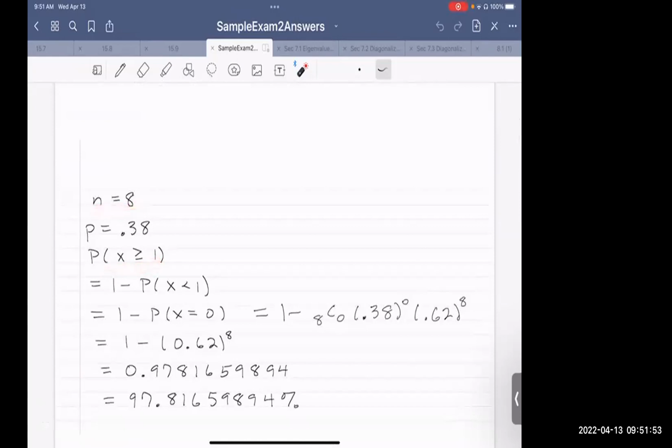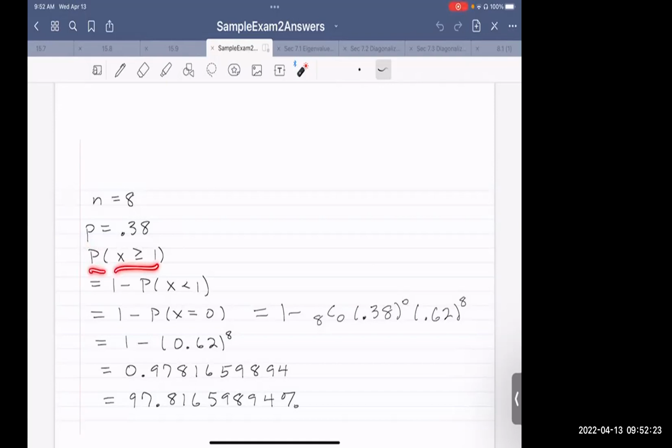I have here that this is a binomial distribution, a binomial random variable. I have a fixed finite number of independent trials, 8. I have a success for each trial, which is that the college graduate from this school finds a job in his field within 1 year of graduating. And we have a fixed probability of success for each trial, 0.38.